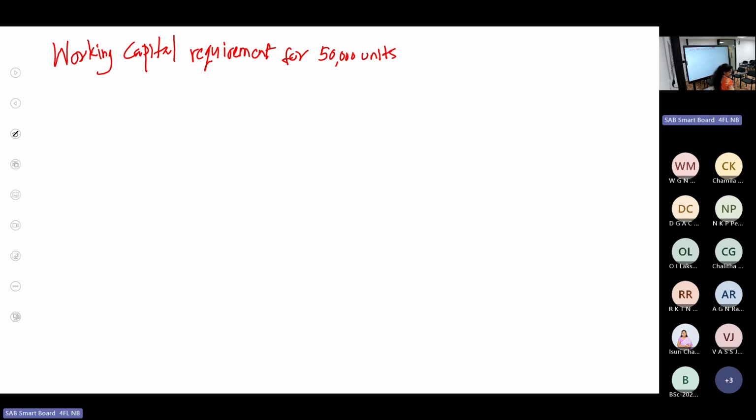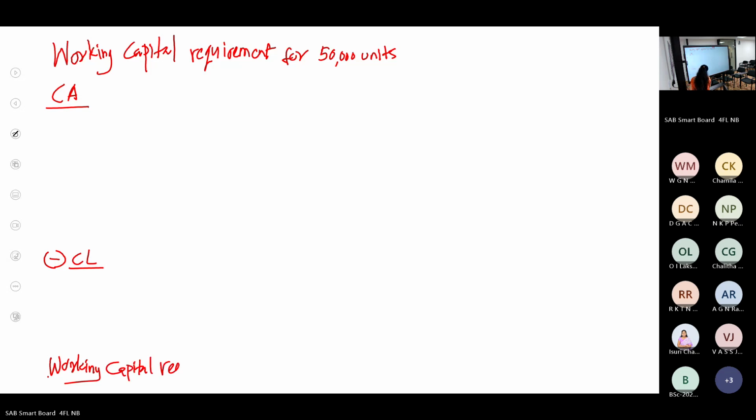We know working capital is current assets, CA, minus current liabilities, CL. So then you can have the working capital requirement.